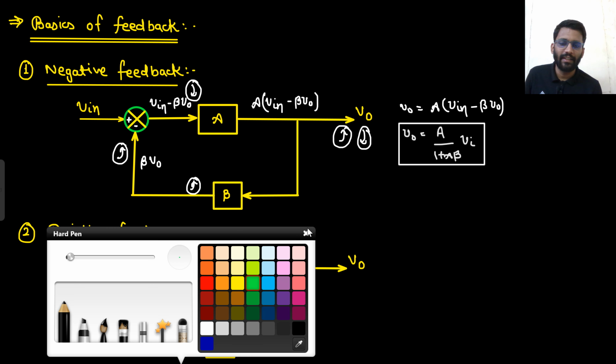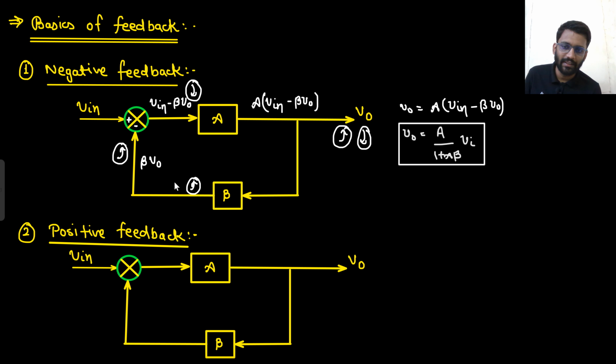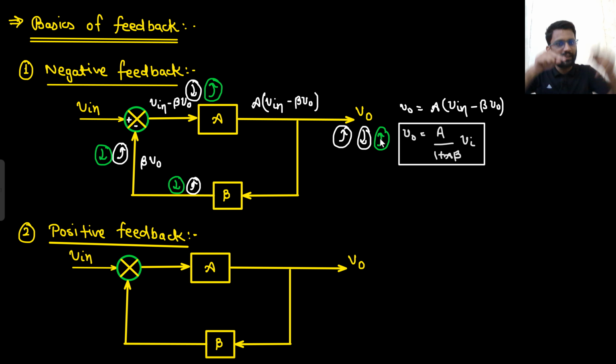If the subtracted node is decreasing, the complete value will increase. And if this node increases, it is multiplied with A, so the output will increase. So first you increase your output, it decreases, then again it increases, then again it decreases. This way your output will be stable.